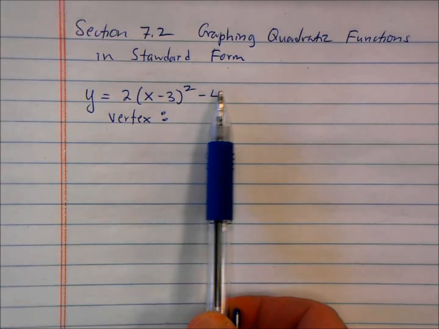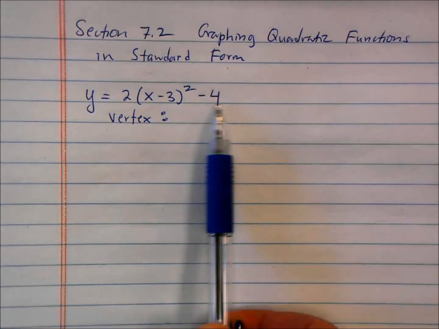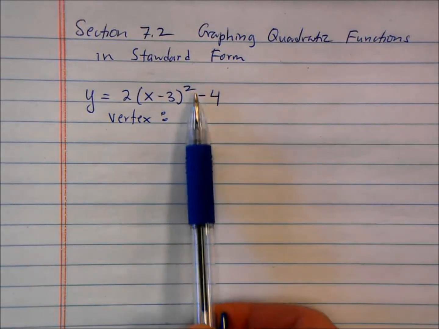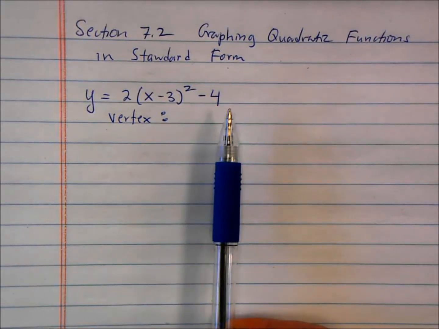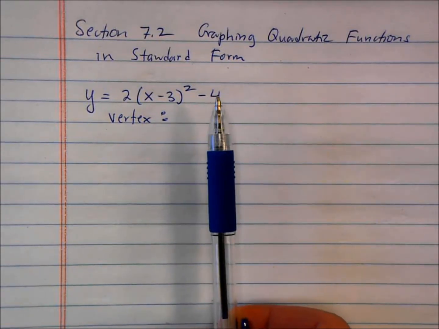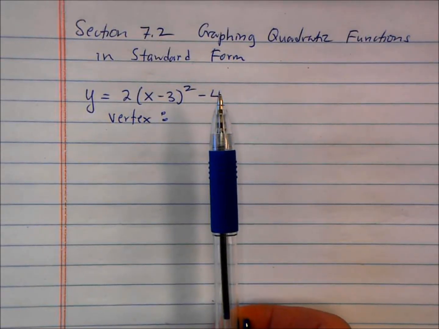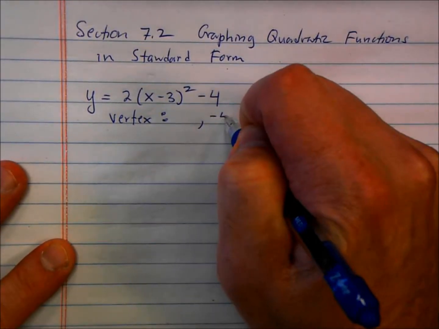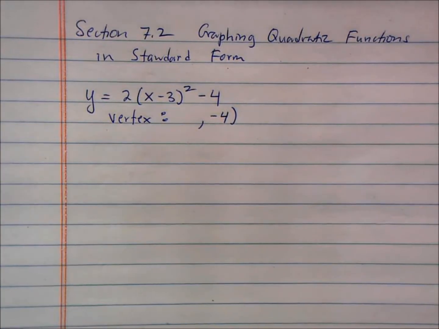So what does this minus 4 outside of the parentheses do to the graph? Nope. This outside the parentheses was up and down. And up and down worked the way you think it should. So a minus 4 tells us our vertex is going down 4.